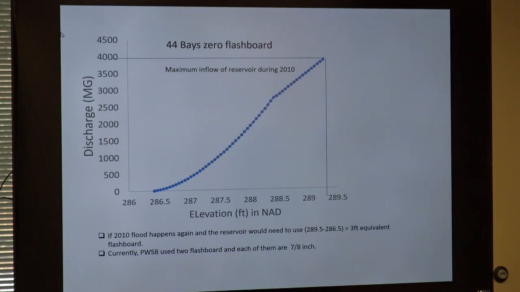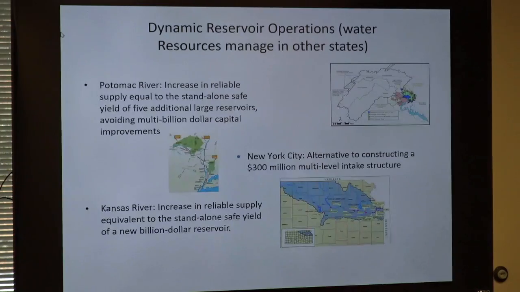So there is a lot of extra information here. I'm probably going to have to skip this one. Just to make you aware of how these kinds of reservoir operations are done dynamically in other places like the Potomac River.